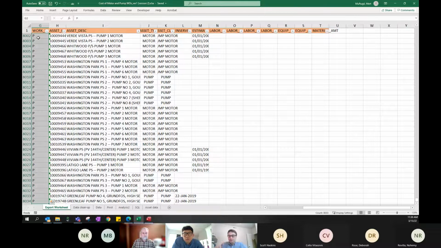Scott, your hand went up. Yeah, just a question, Mert. Does this data stay with the pump, or does it stay with the location, or how do you both handle that? So in our case, this stays with either the pump or the pump motor, wherever it is connected to. If it's retired, we mark it as retired, and then it just continues to stay there. There is a location identifier where each of these pumps were.